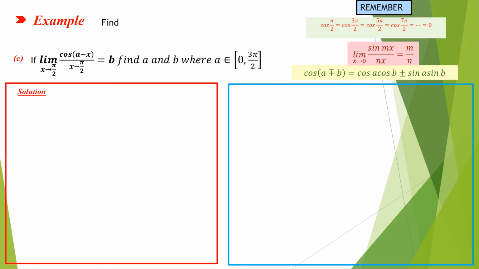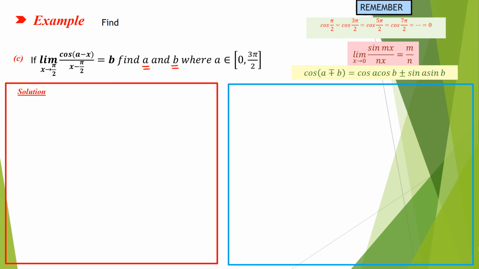In part C, you have the limit of cosine a minus x divided by x minus pi over 2 when x goes to pi over 2 equals b, and you have to find the values of a and b, where a is in the interval from 0 to 3 pi over 2. Now, as you know, you have to use first the direct substitution for the limit.